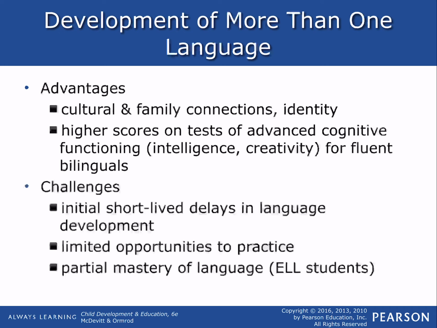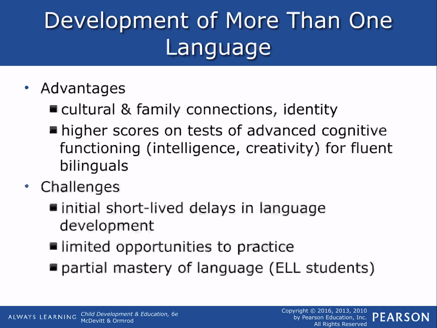They tend to score higher on tests of advanced cognitive functioning, intelligence, and creativity. So this is the piece, circle, underline, because you'll hear this. People have different opinions about it, that there's an initial, like people who are raised in two language households right from the go have an initial short-lived delay in language development because they're switching in between.